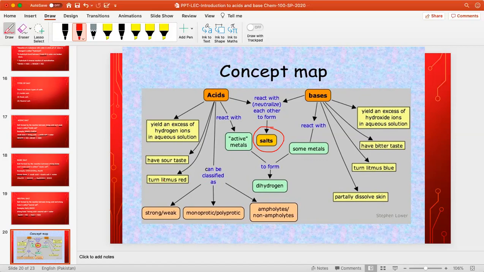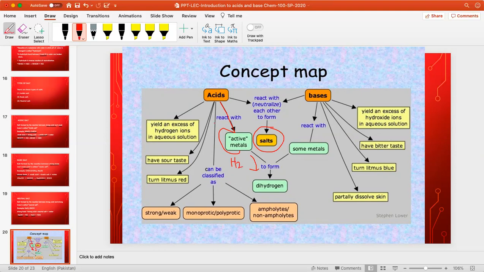After that, when acids react with active metals, they form dihydrogen. Okay, so they produce hydrogen gas. What are they producing? Hydrogen gas.